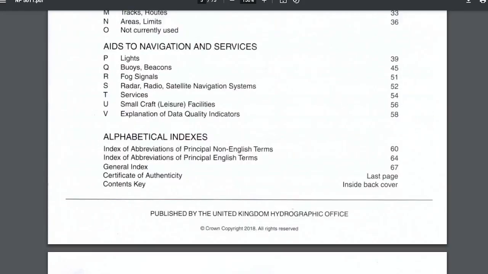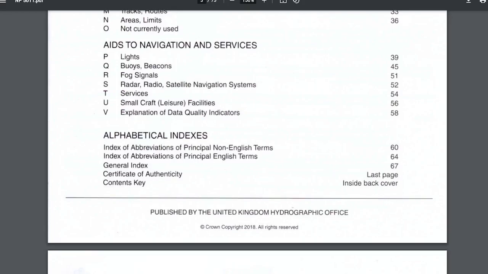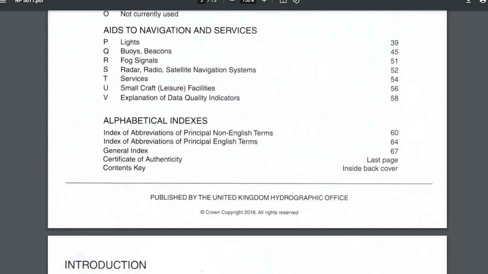Also, this book sometimes has some corrections which are to be updated if and whenever that happens. Not usually, but sometimes it happens that the 5011 also has corrections similar to our notices to mariners.